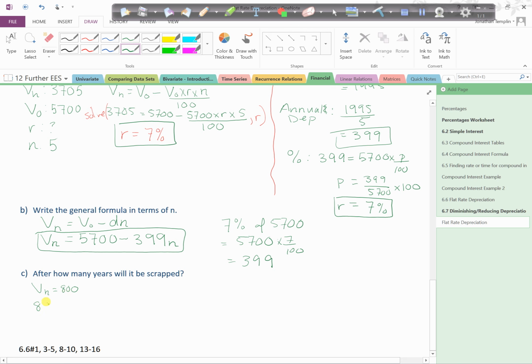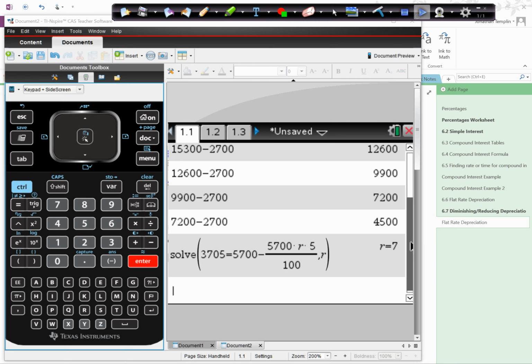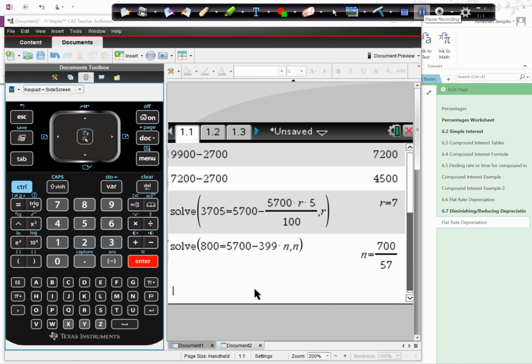That means that 800 is equal to 5,700 minus 399n. Rearranging this equation or using solve on the CAS, I enter solve 800 is equal to 5,700 minus 399 times n, comma n.